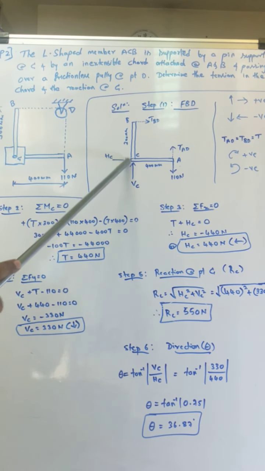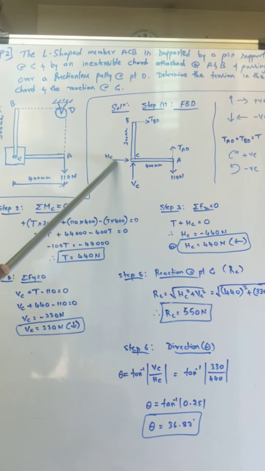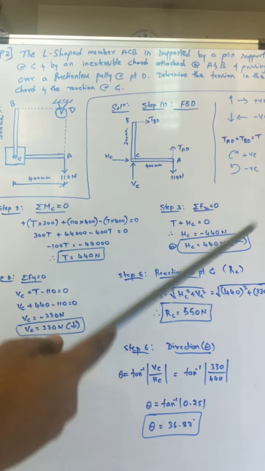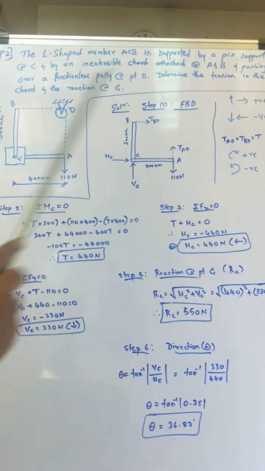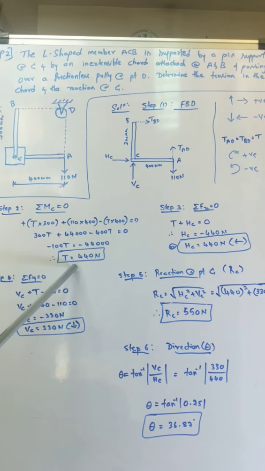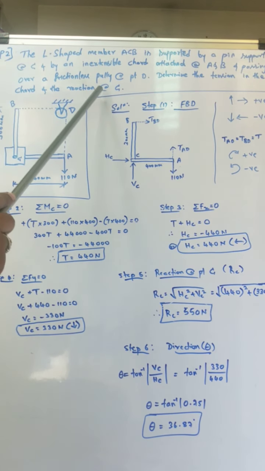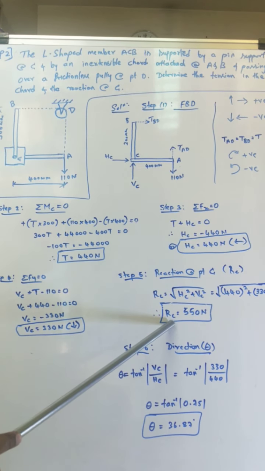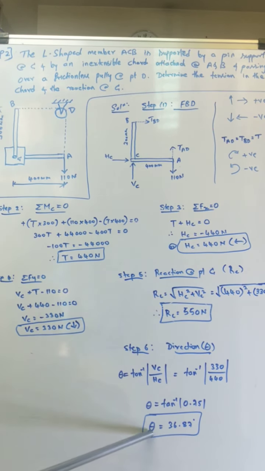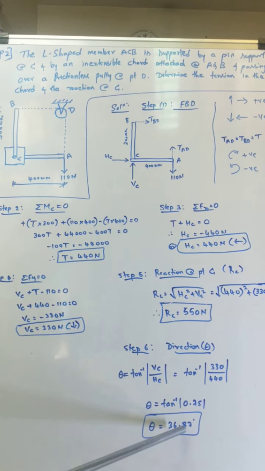This is the reaction force at point C, which makes 36.87 degrees with respect to the x-axis. So he asked two things: determine the tension in the rod, which you found, T is equal to 440 Newton, and the reaction at point C. The magnitude is 550 Newton, and theta is equal to 36.87 degrees.